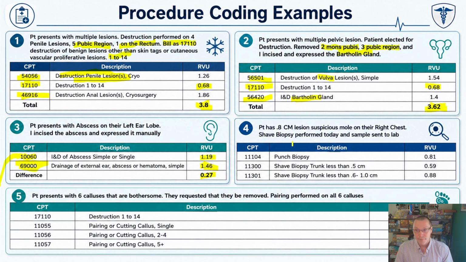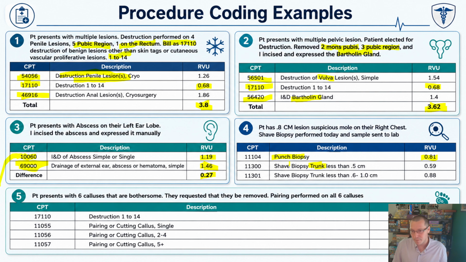Common example too that'll happen is providers will report the wrong biopsy codes. Patient has a 0.8 centimeter lesion, suspicious mole on their right chest, shave biopsy performed today, and sample sent to the lab. They'll usually default to just one of these more generic biopsy codes, where if you just do the punch biopsy code, as you can see, it is higher RVU for the trunk, which is the lowest RVU region when it comes to codes, because as I explained earlier, RVUs also include the malpractice aspect of it and the likelihood of complaints.